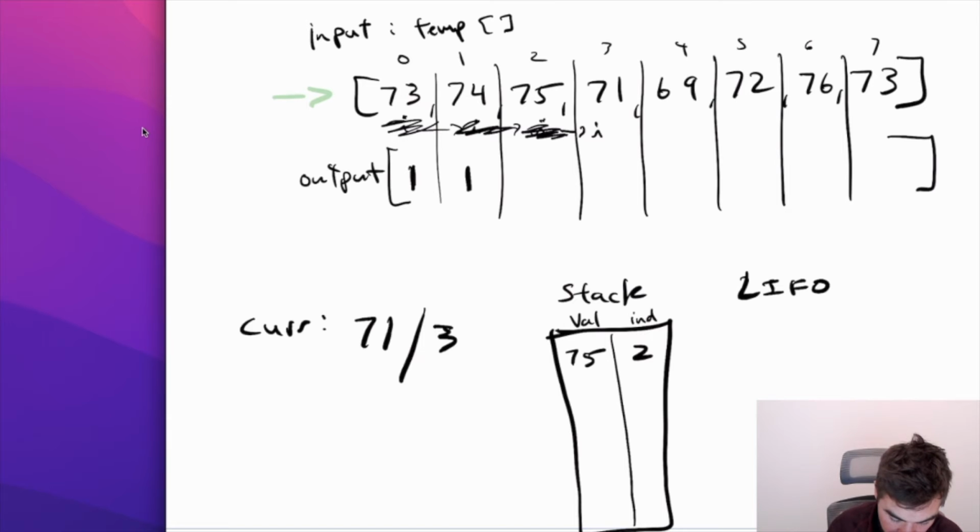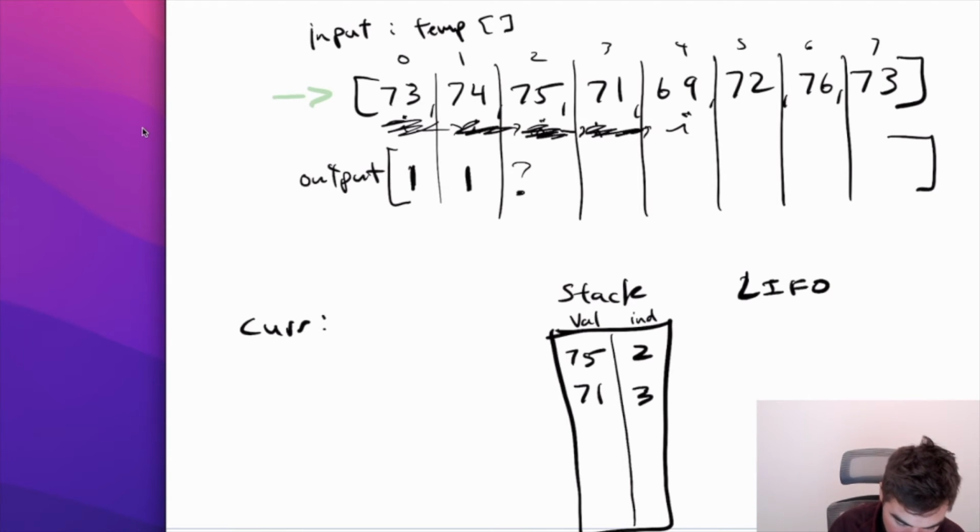We just need to put it onto the stack because we can't solve 75's problem. 75 does not know, we still do not know what we need to output right there. So we're just going to put 71 and 3 onto the stack, increment I over, and let 75 and 71 wait for another day to determine when it's going to be hotter than its current day.